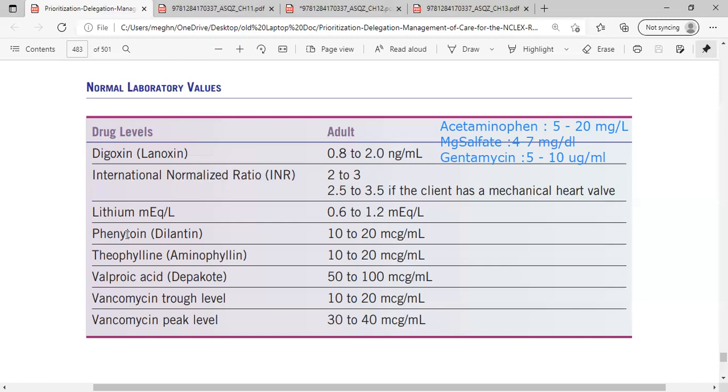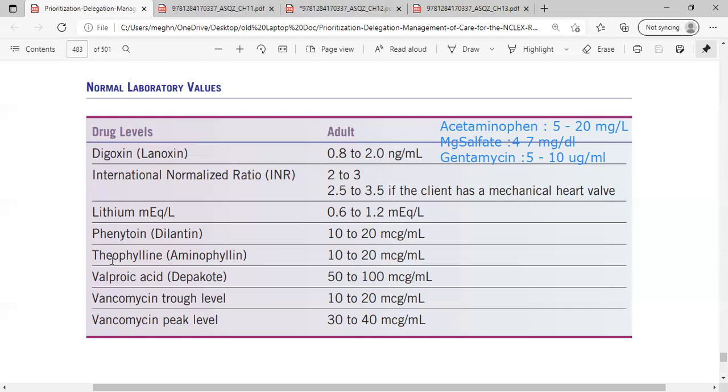Remember, do not give phenytoin with food, and do not take it with oral birth control pills. They will not work together. If you are giving this medication IV, you can only give it with sodium chloride.